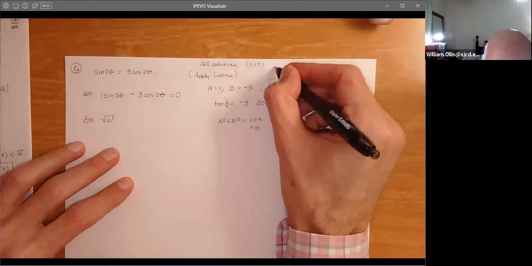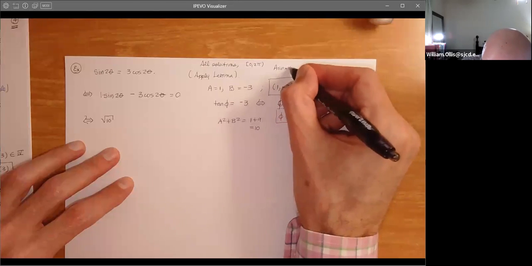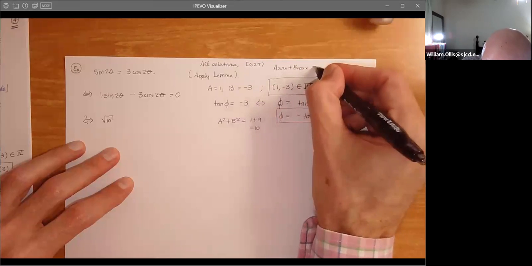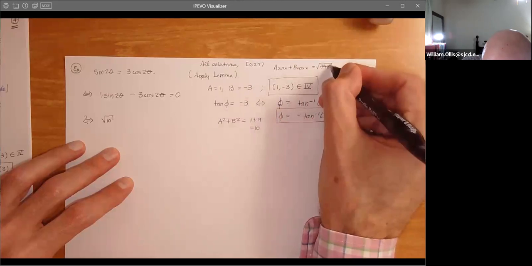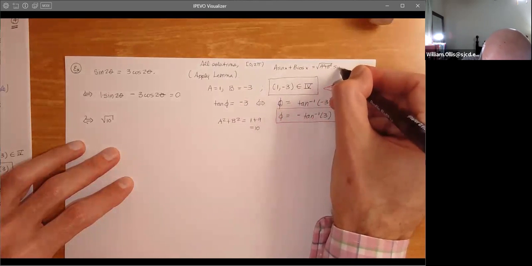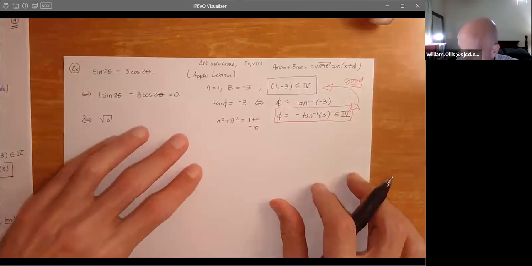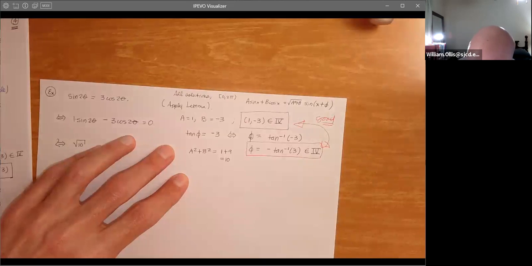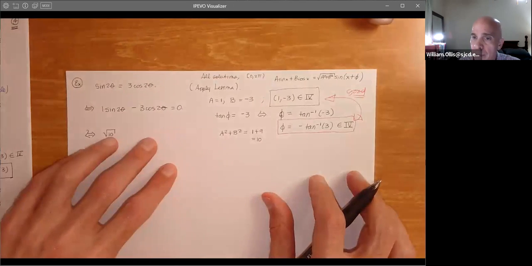Remember, I'll write it up here again: a sine x plus b cosine x equals the square root of a squared plus b squared, sine of x plus phi. So let me make sure you can see that square root there. I'll extend the radical a little bit more. Okay.